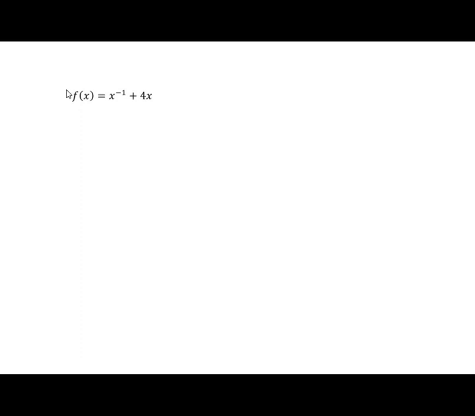Now let us try to differentiate some simple equations using the above rules and formulae we just learned. We have to differentiate f of x equal to x raised to minus 1 plus 4x. So let us try to differentiate it.